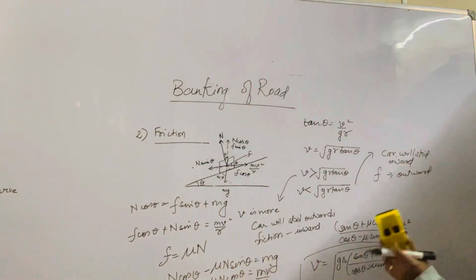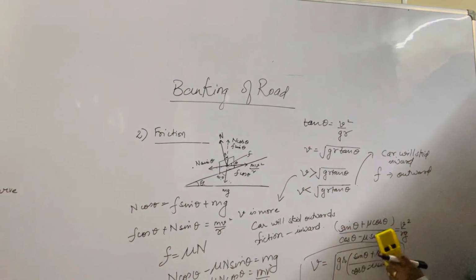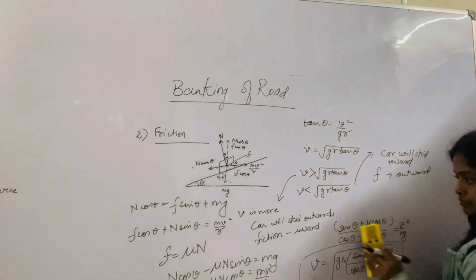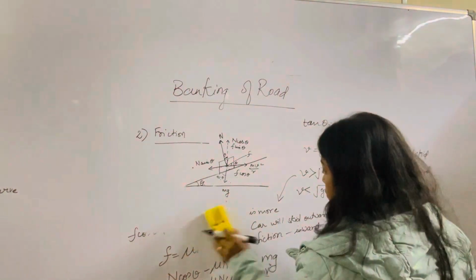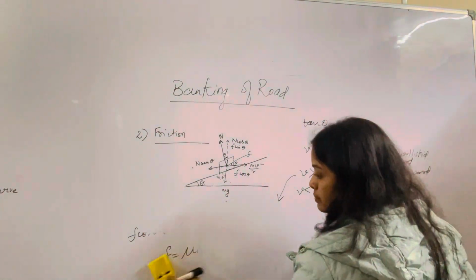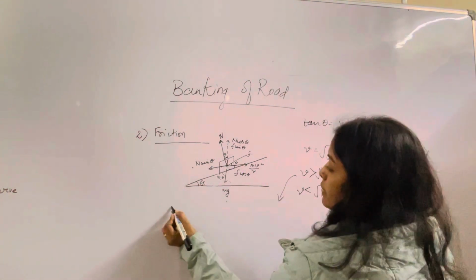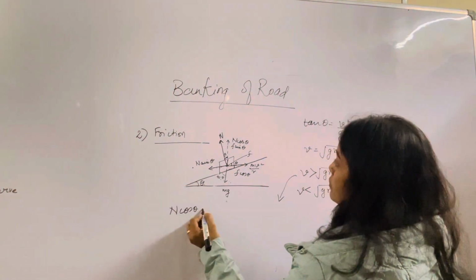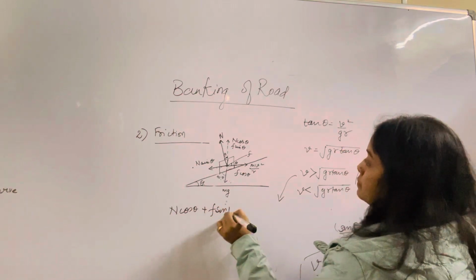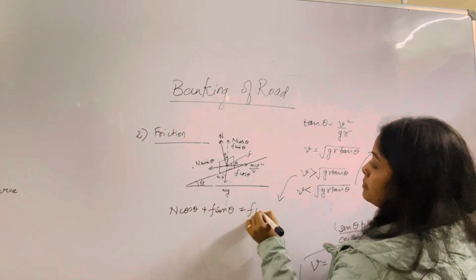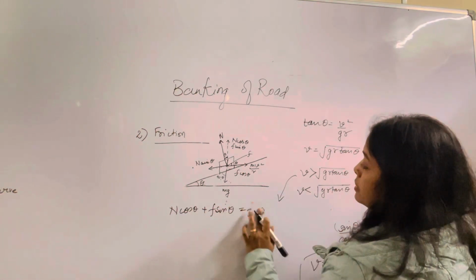So the equations change and we get N cos theta plus f sin theta equal to mg.